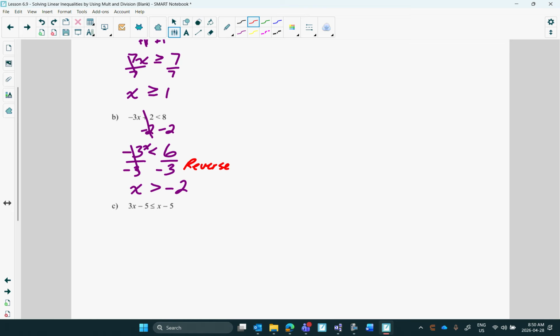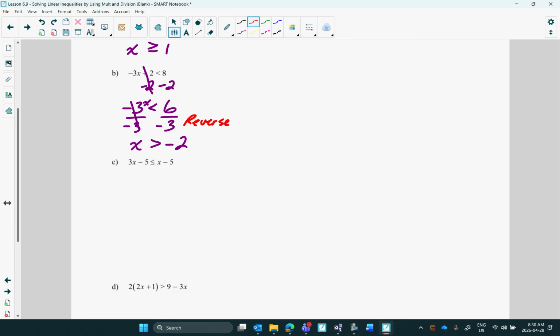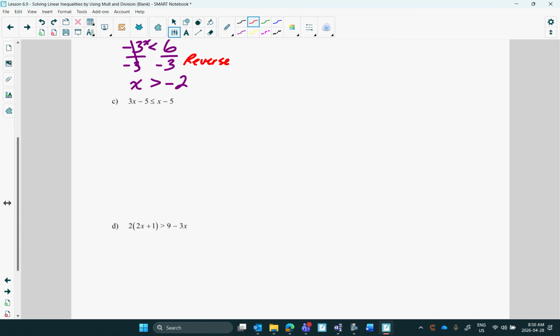Do you bring the x over first for the next one? For the next one? Yes, we do. Because remember, when we've got variables on both sides, we got to bring them together. So I'm going to swing this over by subtracting x, and it looks like 2x less than or equal to negative 5.